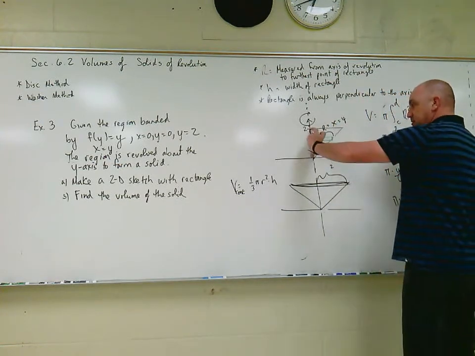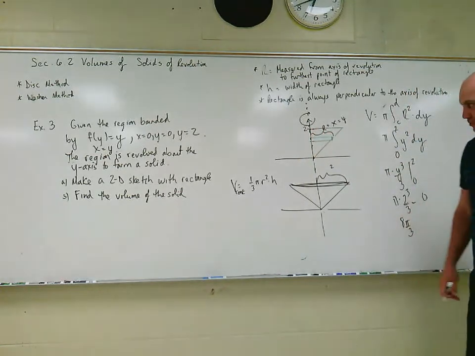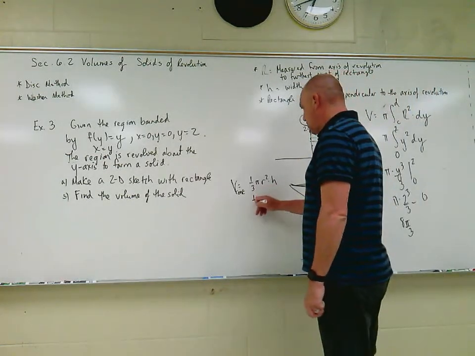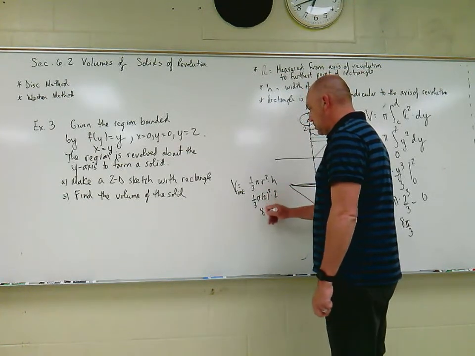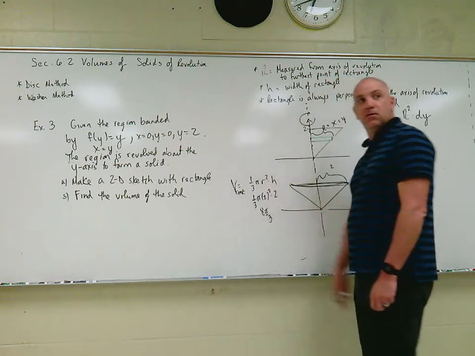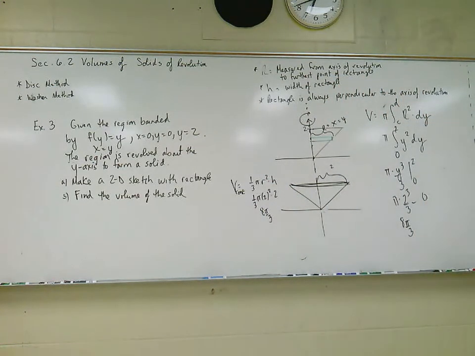The height is 2. So 1/3 pi, radius is 2, height is 2, you get 8 pi over 3. That's why these formulas are a little bit easier, but I just wanted to show you that it was equivalent and get you comfortable with it.